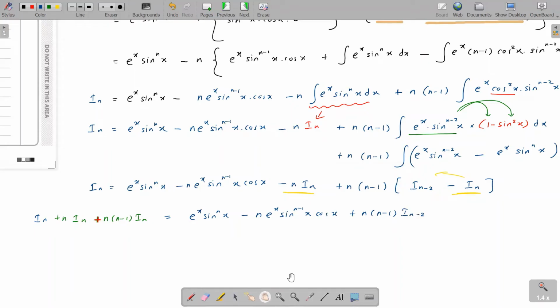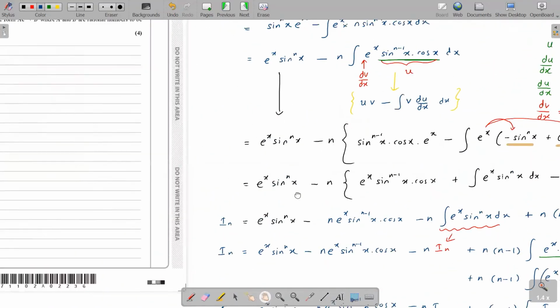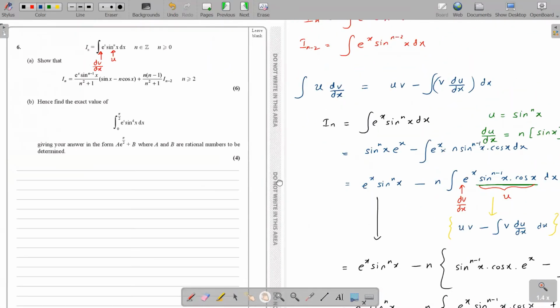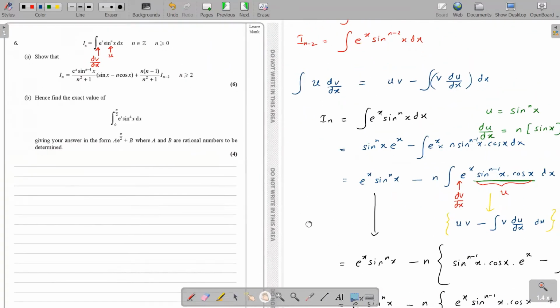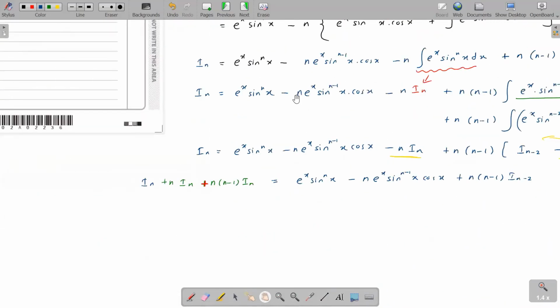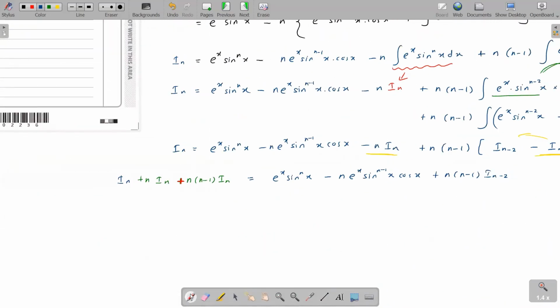Okay, so now let's simplify. We have to get the 'show that'. Now it's a matter of simplifying to get this 'show that', isn't it? We have to get this 'show that' where e^x sin^(n-1) x is taken out. Okay, so let's open the bracket. I'll take the I_n out of this entire set. So I get here 1 plus n times (n minus 1). Agreed?